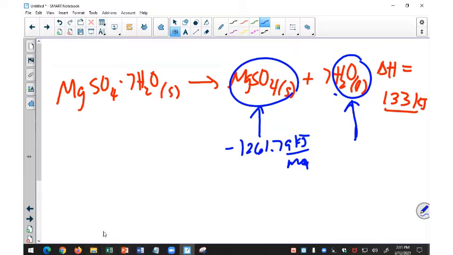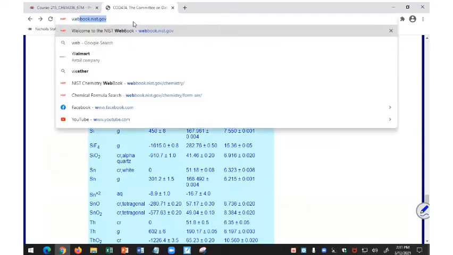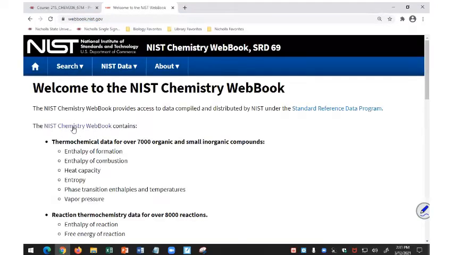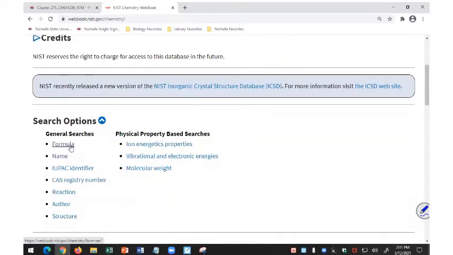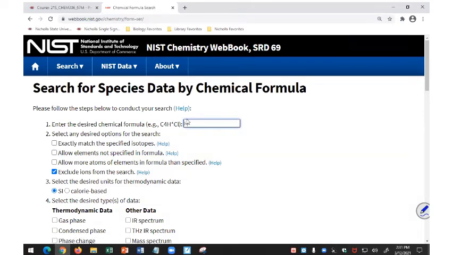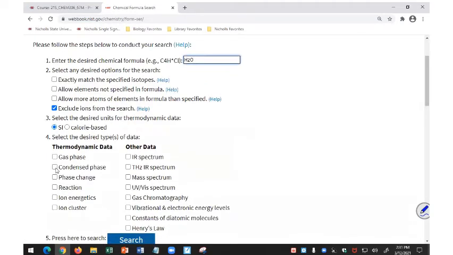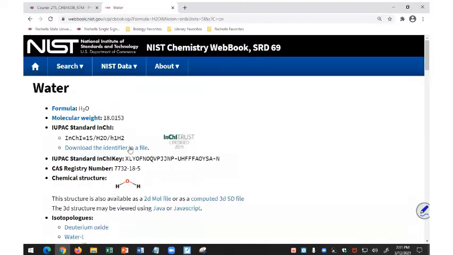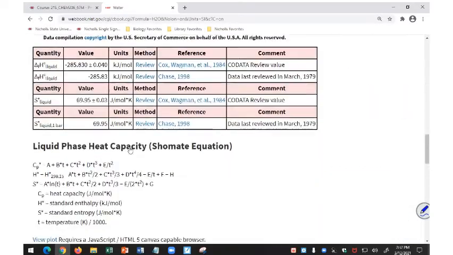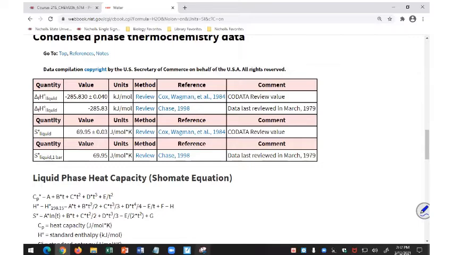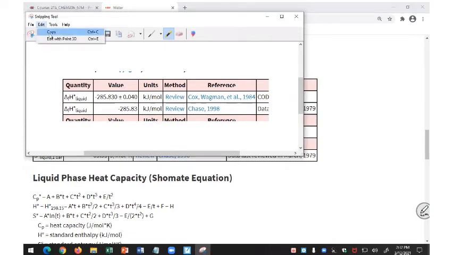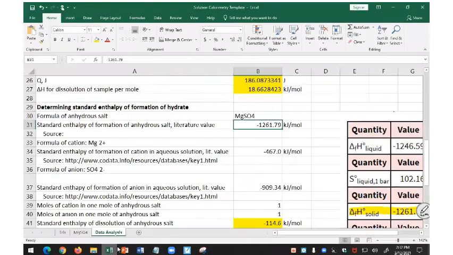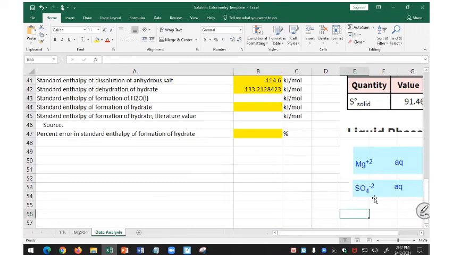You remember the number? 285, was it? Let's look it up. webbook.nist.gov. The value for water, H2O, condensed phase, search, and delta H formation of liquid water is negative 285. Okay? Yeah, you're going to need to put that in. Let's go ahead and take a screenshot of that. I'll put the screenshot over here.